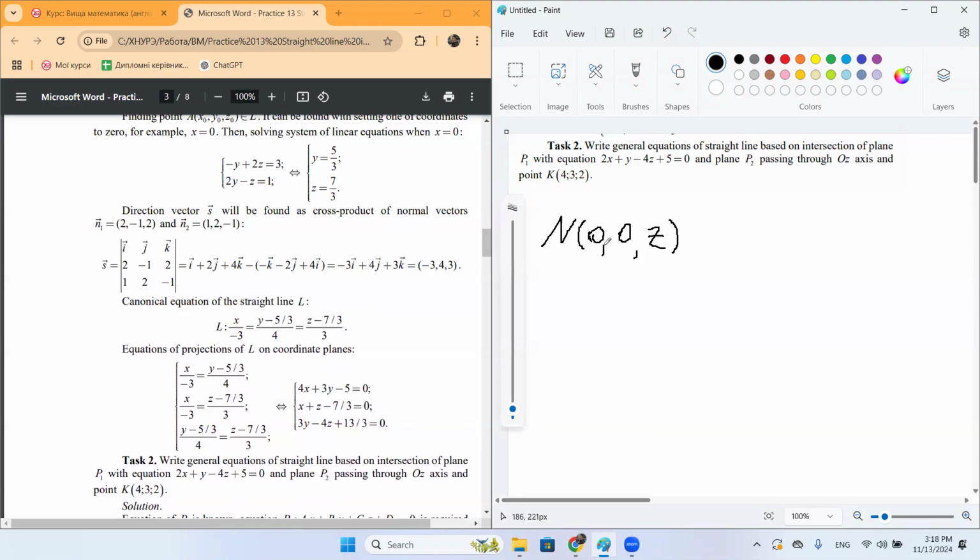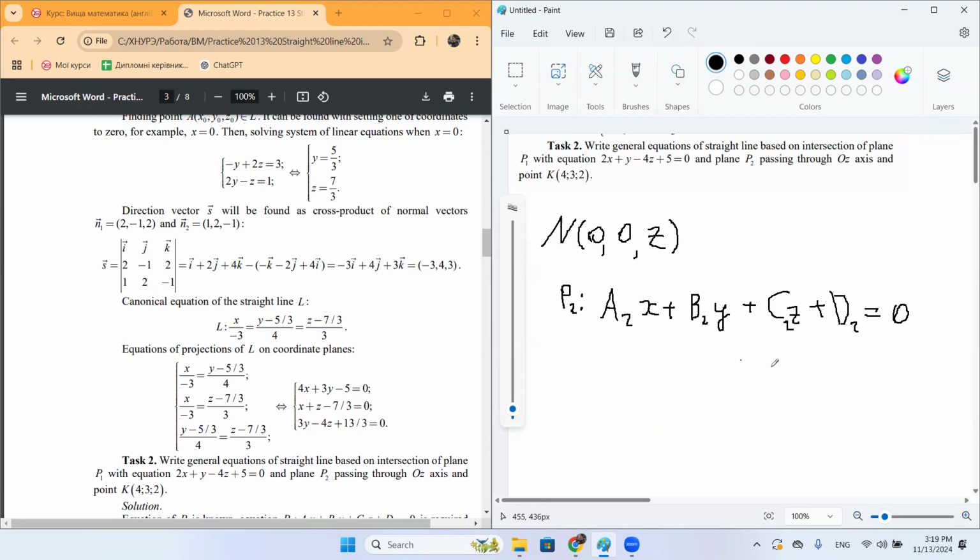And then let's write the general equation of plane P2, currently without knowing the coefficients. So A2x plus B2y plus C2z plus D2 equals 0.